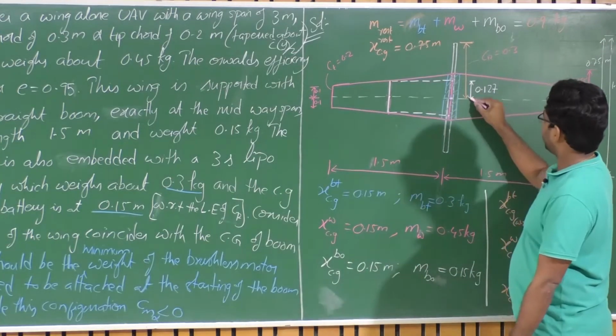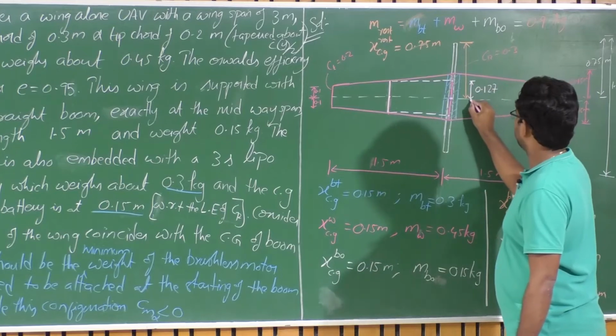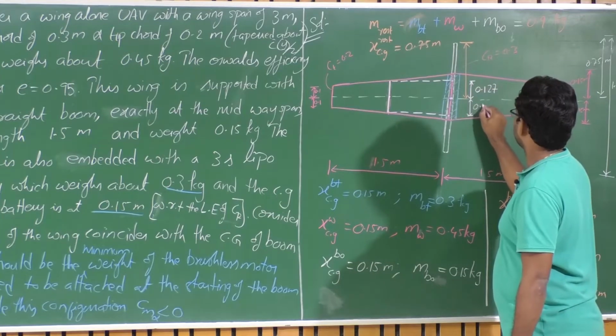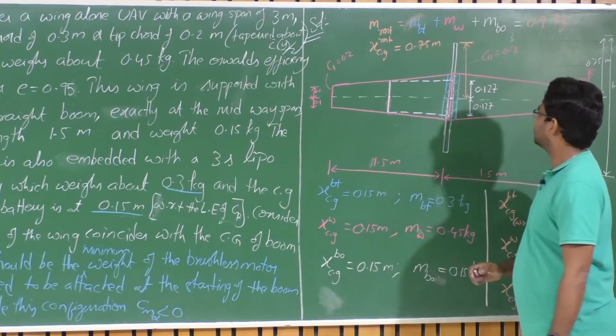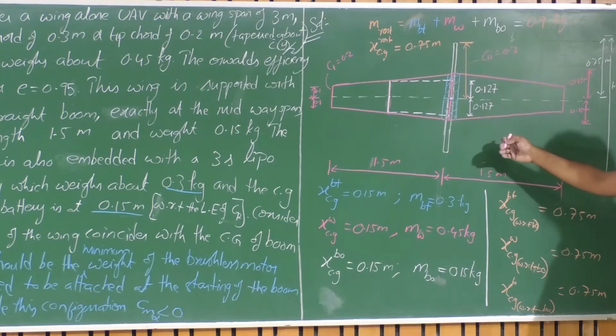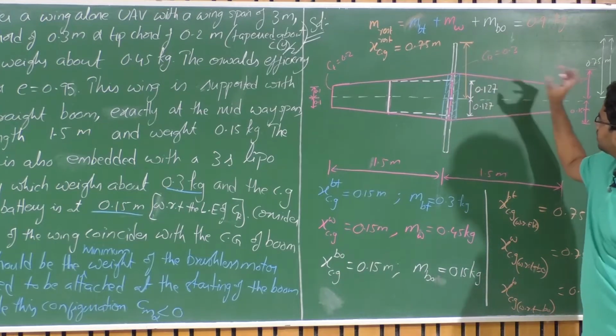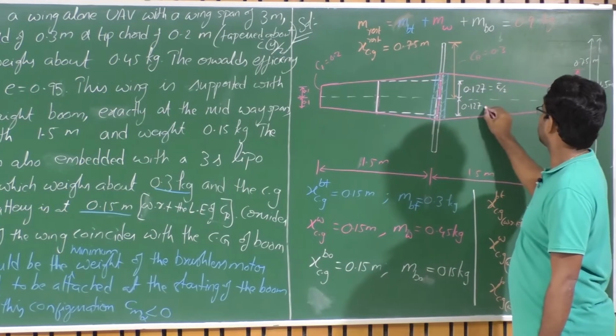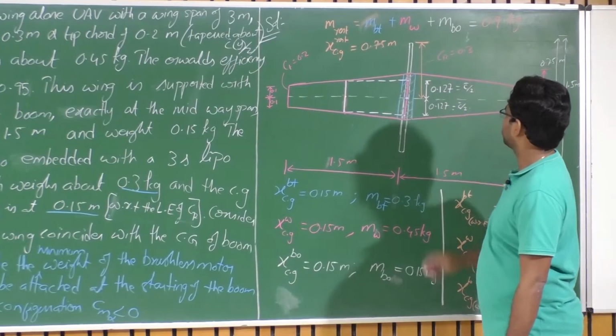Above the taper axis it is 12.7 centimeters, and below the taper axis it is 12.7 centimeters, which is 0.127 meters. So this is my C bar by 2, and this is also C bar by 2.